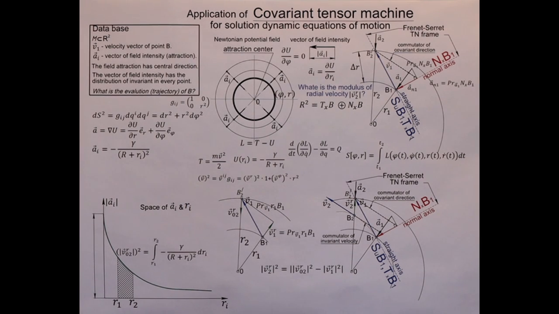This happens because point B2 is the point of transformation, from commutator to velocity.